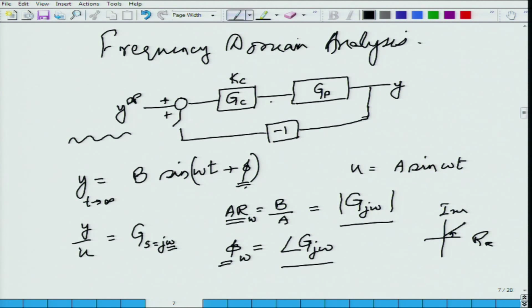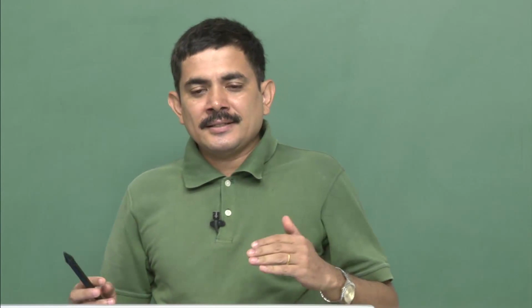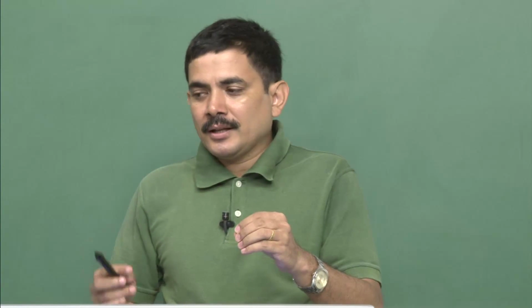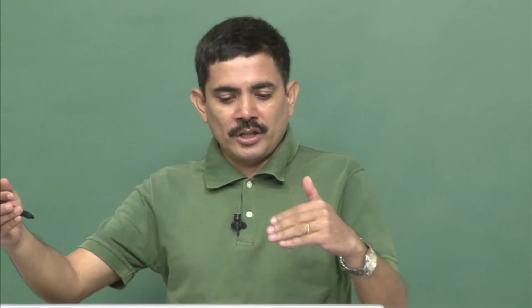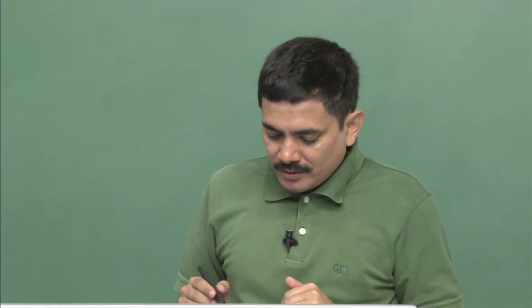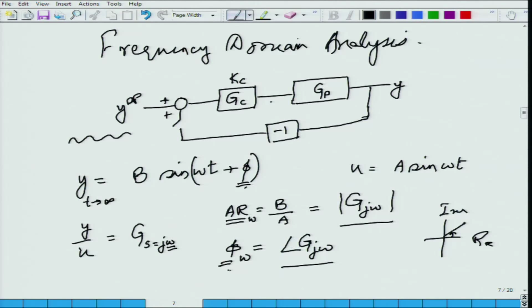Okay. Now, most systems are causal, in the sense that if I make a change to the input, the output takes time to respond. Therefore, for most physical systems, the phase lag or the phase angle is usually negative.